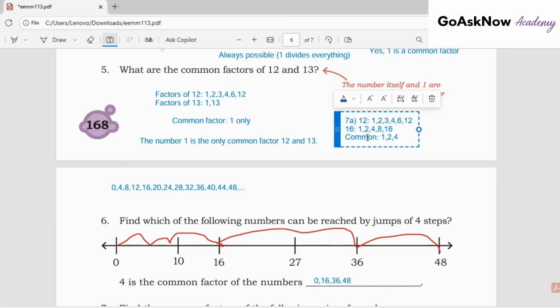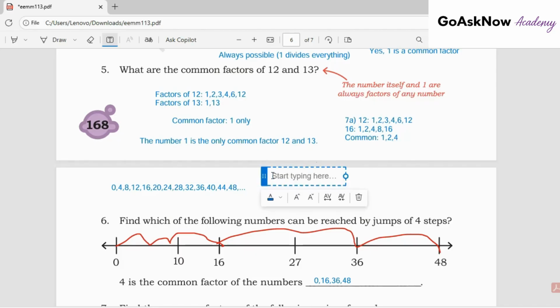This will be the answer for 7A. Next is 7B, which is 8 and 12. The factors of 8 are 1, 2, 4, 8, and 12 is 1, 2, 3, 4, 6, 12. Then the common factors are 1, 2, 4.